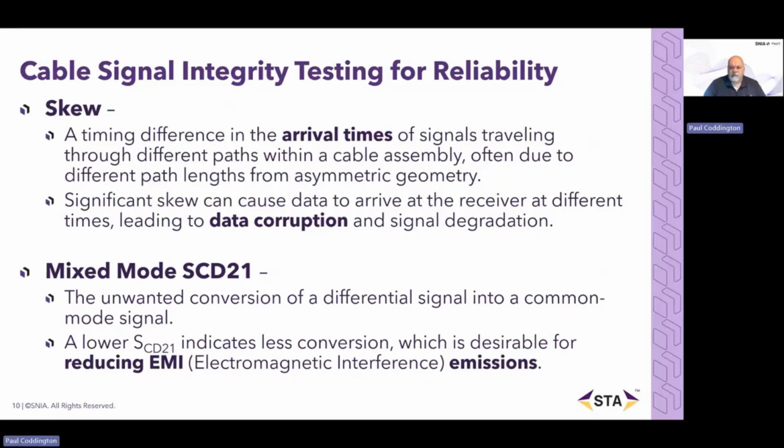This indicates a level of susceptibility. A high SDC21 indicates a significant conversion of common mode noise to the desired differential signal. A low SDC21 signifies very good isolation.